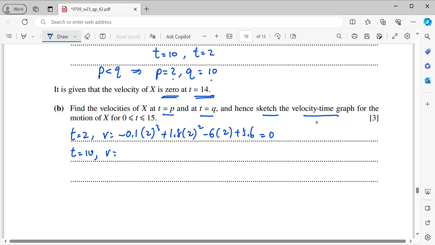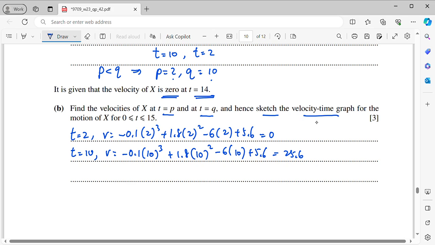So your v, use the same method. Just replace the 2 by 10. Then this is going to be 25.6.